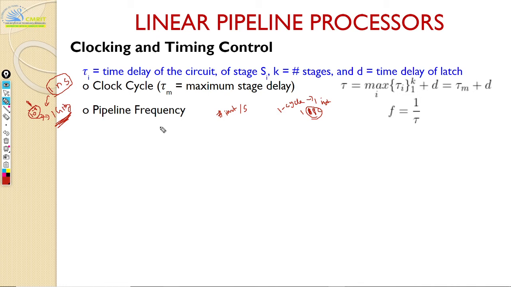It may not be true in a practical aspect, but theoretically, a 2 gigahertz processor means that if every clock cycle I churn out one instruction, then I will have 2 into 10 to the power of 9 instructions getting committed in 1 second.